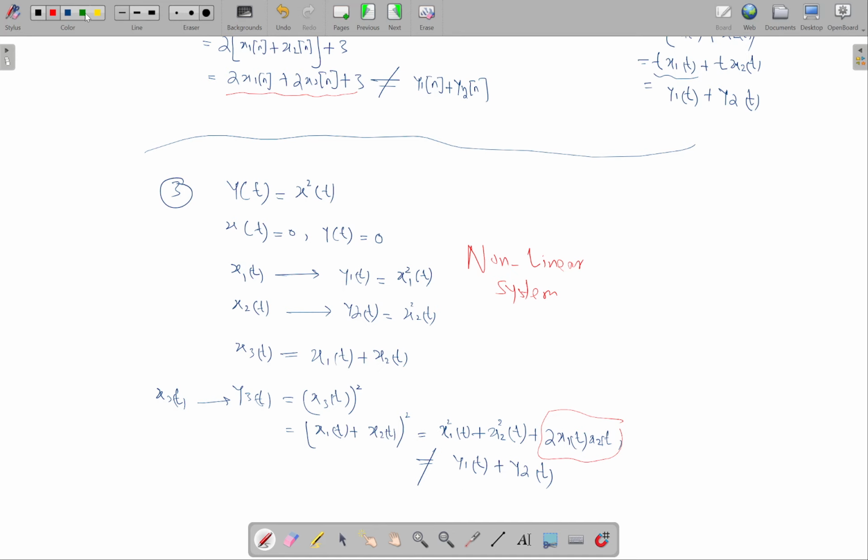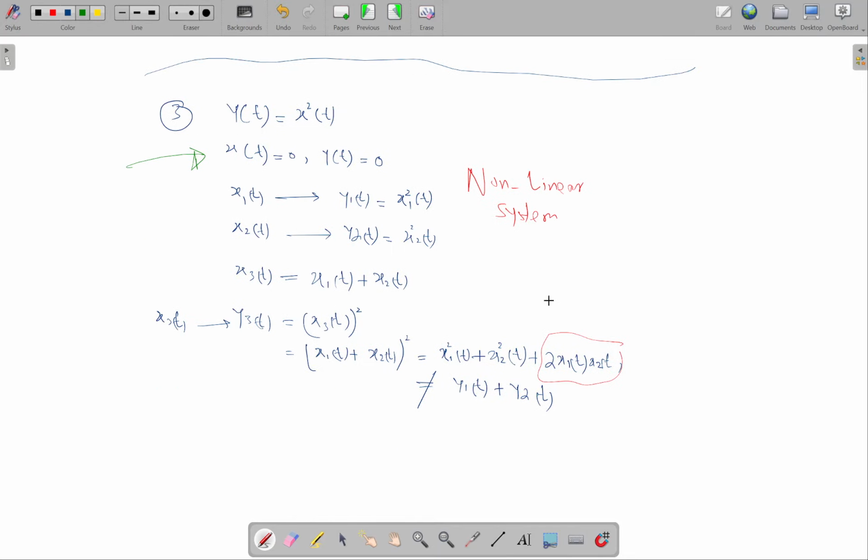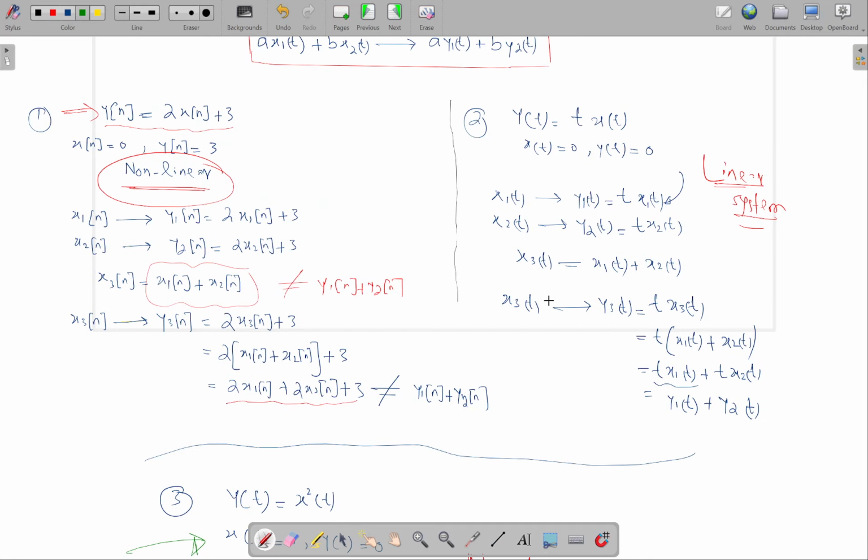It's important to realize that although it satisfied the zero in and zero out property, the system is still non-linear. So the zero in and zero out property, you use it to establish only the non-linearity. If the zero in and zero out property is not true, you can say with confidence that the system is non-linear.